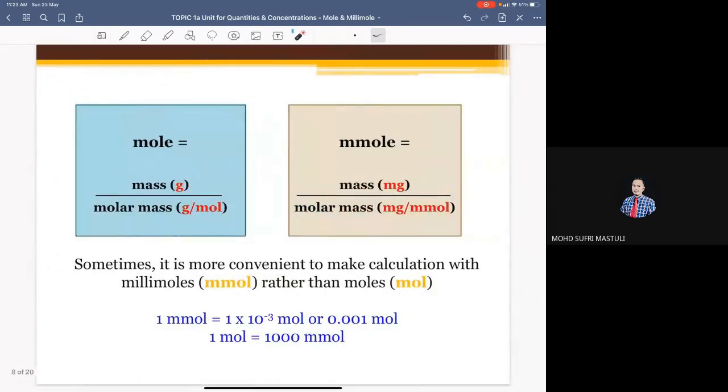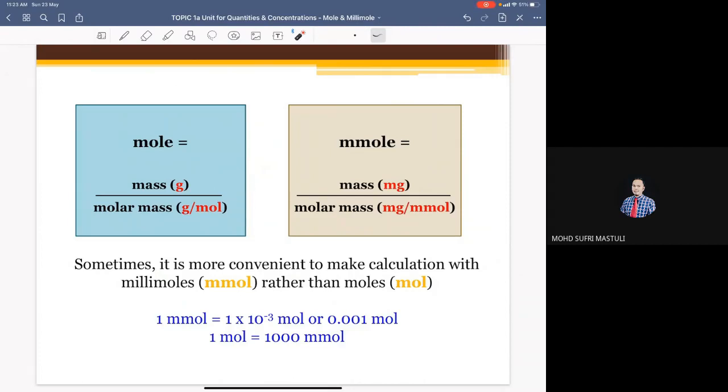Okay. This slide gives you the formula to calculate the number of moles, or to calculate the moles in units of millimoles. Moles is normally mass over molar mass.